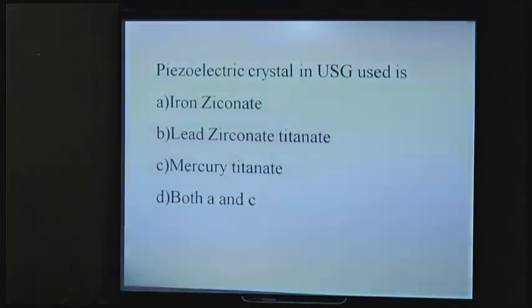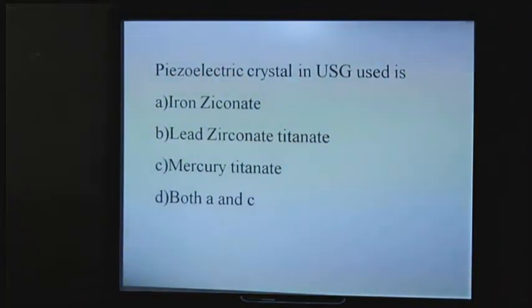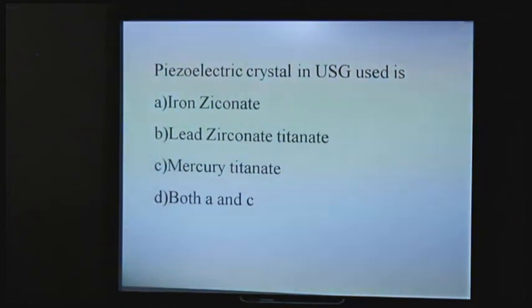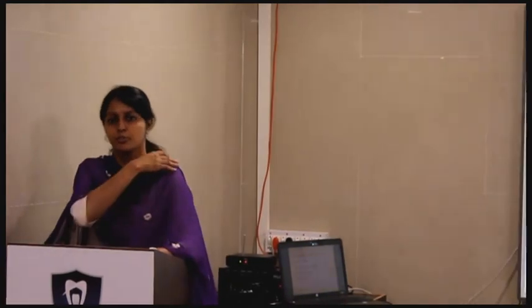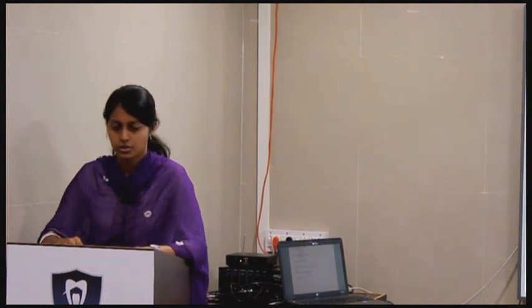The piezoelectric crystal used in ultrasound is lead zirconate titanate. What is the principle behind using an ultrasound? Sound waves. The sound waves used in ultrasound are much higher than what you are able to hear, so you will not be able to hear them.